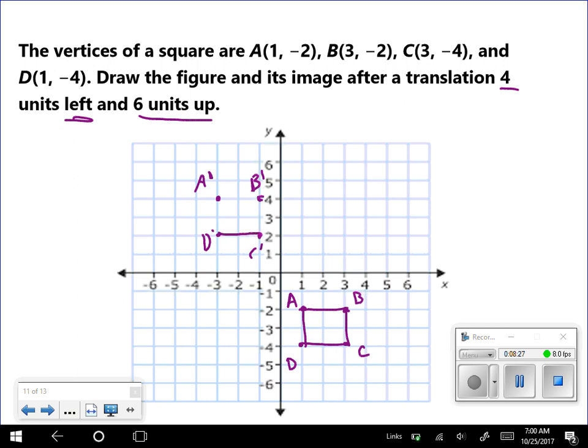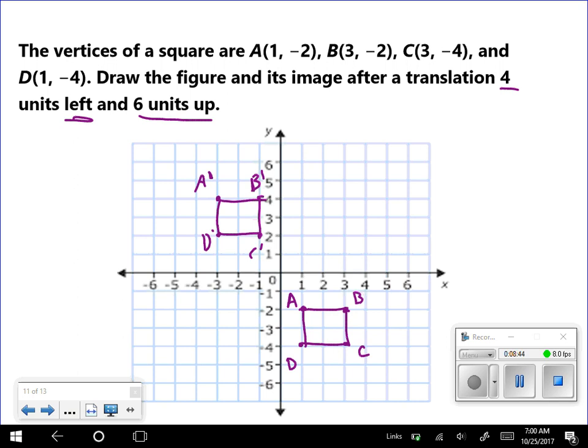So here is our new figure after its translation. Notice it's the same size. We still have 2 units from each. It's a square. And we just moved it left and up.